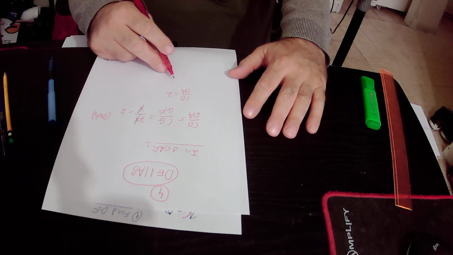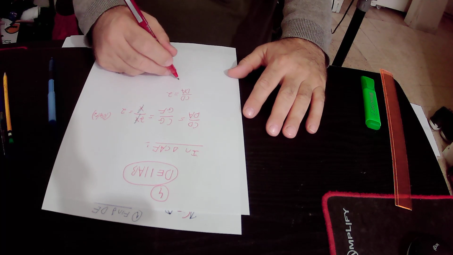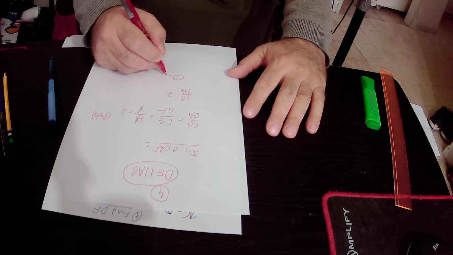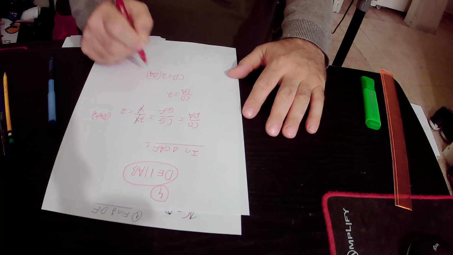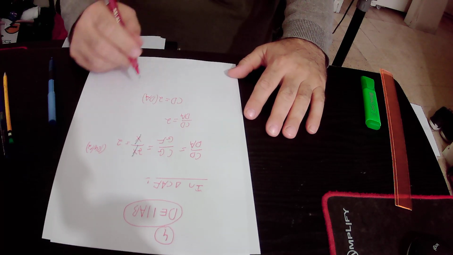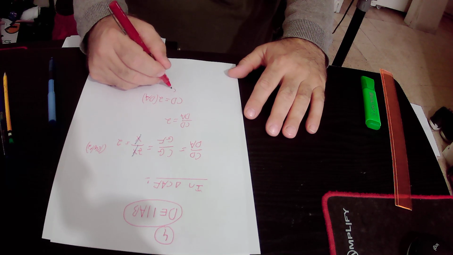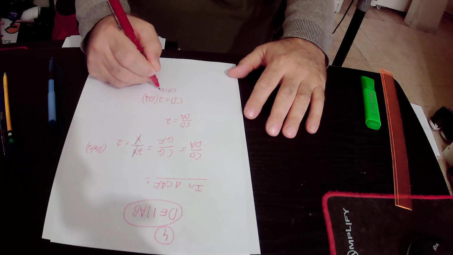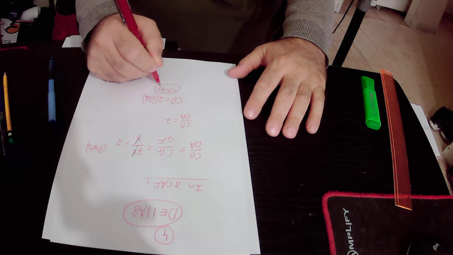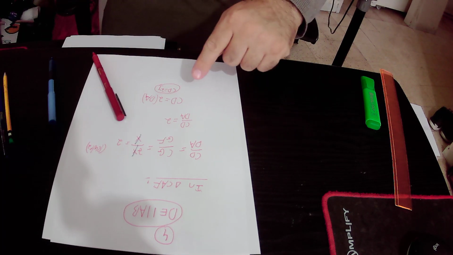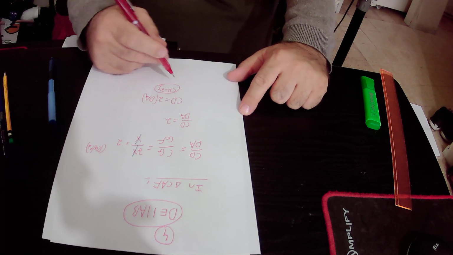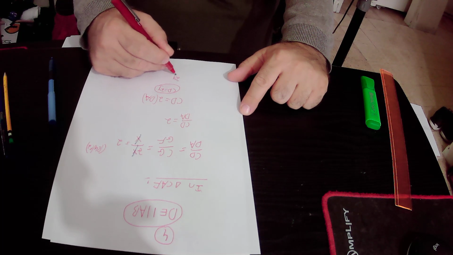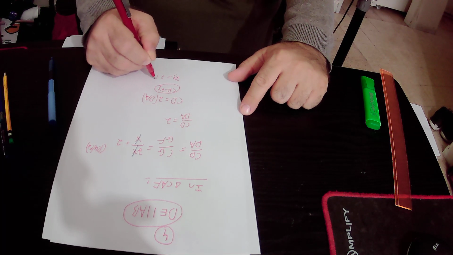Here we will multiply this equality by DA and we will get that CD equals 2 times DA. Okay, CD is twice as large as DA. So if we define CD as 2y, then we can substitute CD in this equality by 2y. We get that 2y equals 2 times DA.